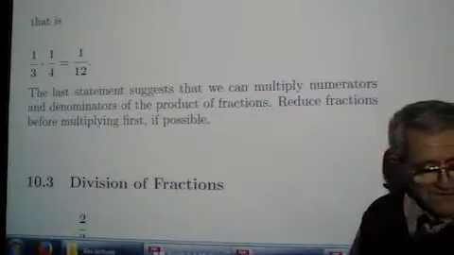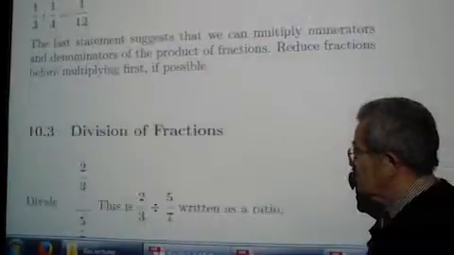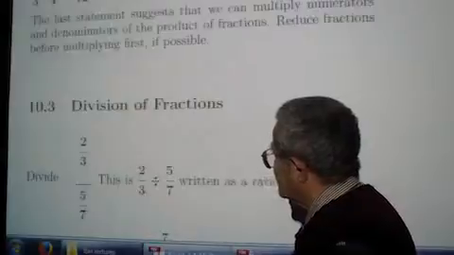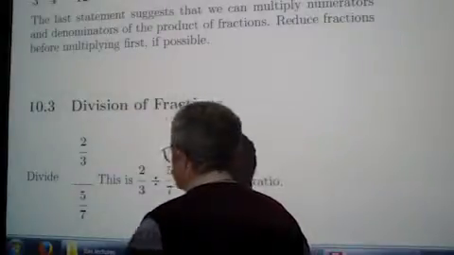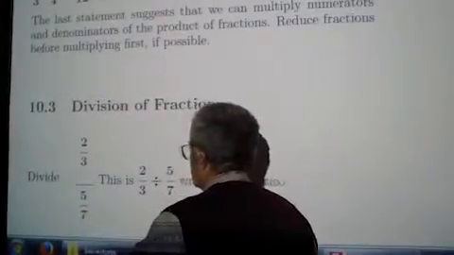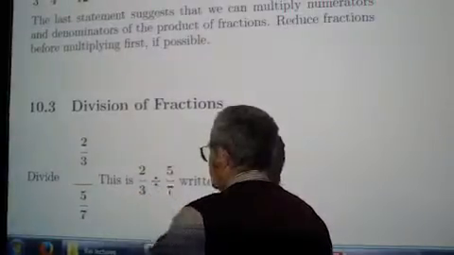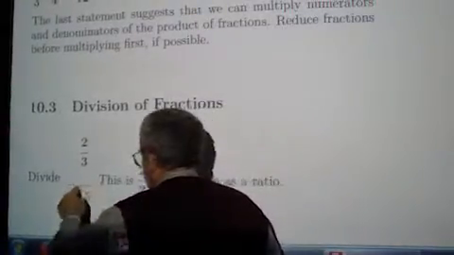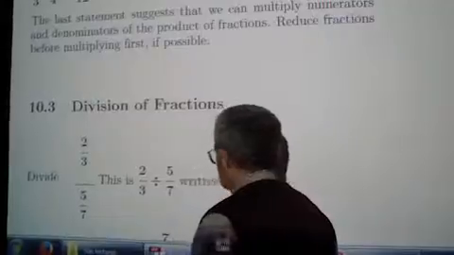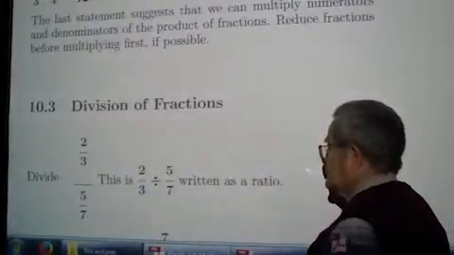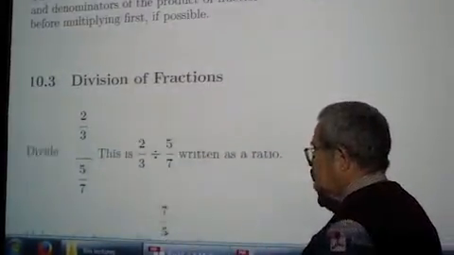How do we divide fractions? Well, suppose we have 2/3 divided by 5 over 7. I write my division frequently as a fraction, and so this is written as a ratio.